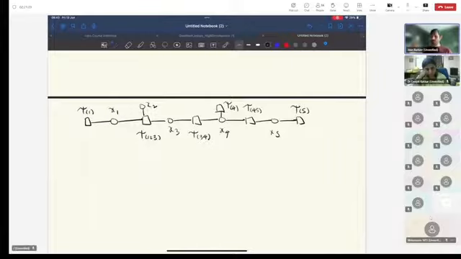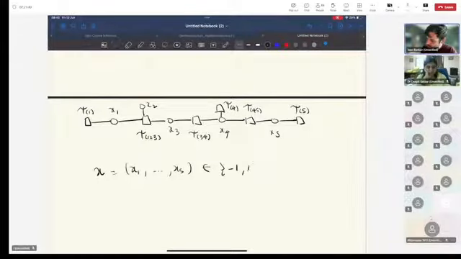So this is a tree. It almost looks like a chain, but you have these slight differences. So this is a nice tree. And let's assume that our vector x, which is x1 until x5, takes values in {-1, 1} to the 5.